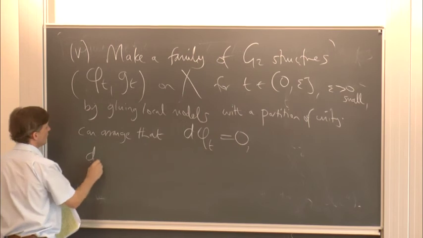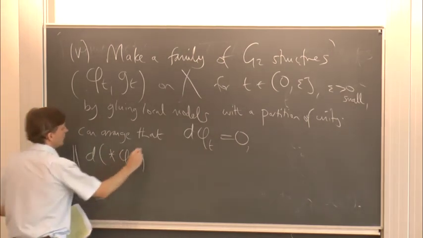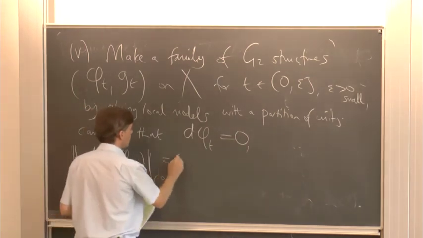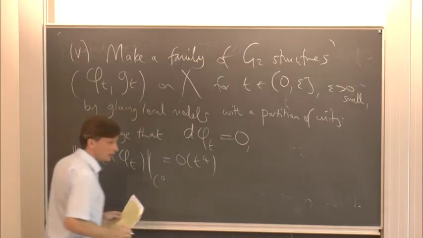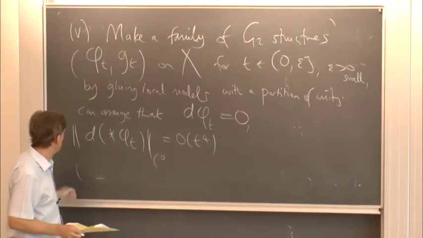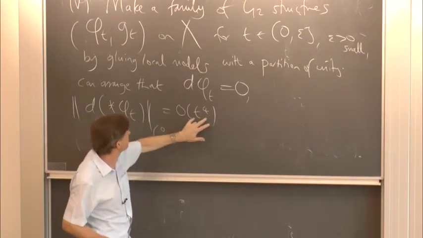We can't make the 4 form closed, but we can make the C0 norm of the 4 form small, order of t to the 4, in the same way that we got t to the 4 as our error in the Kummer construction. So 4 basically comes from the codimension of the singularities.